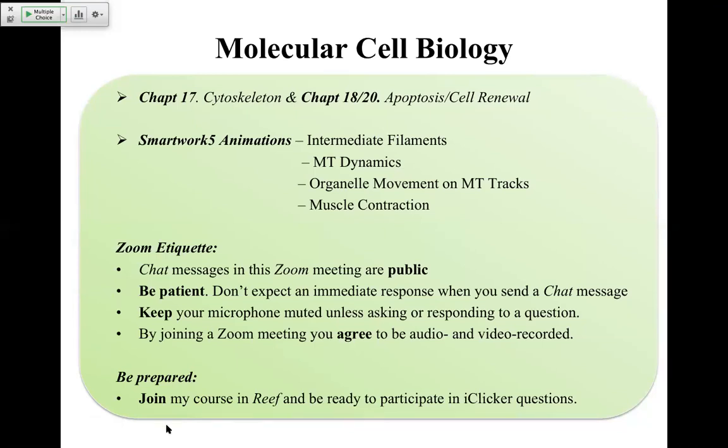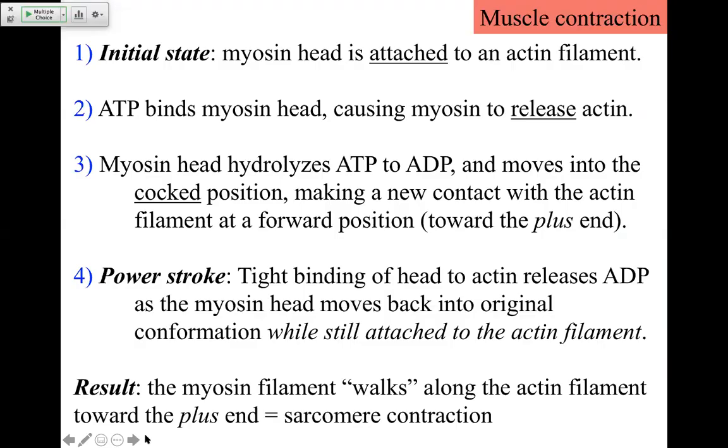So where we left off, we were describing the interaction of the filaments in that sarcomere. The myosin head starts by attaching to the actin filament. The myosin head then binds ATP. It hydrolyzes ATP.